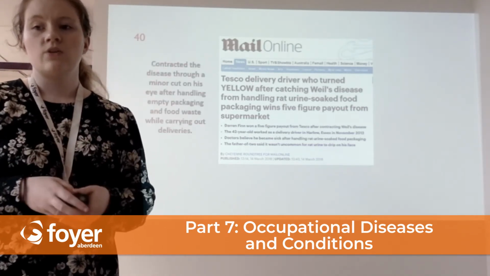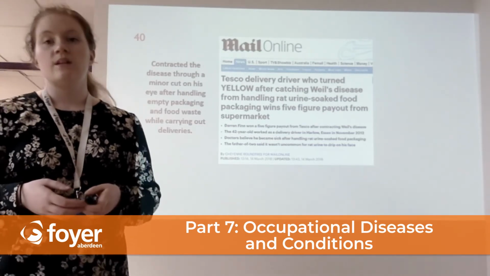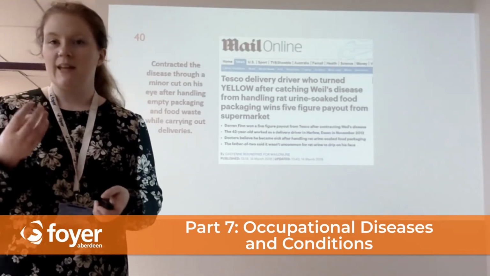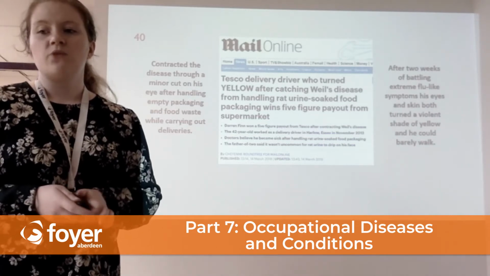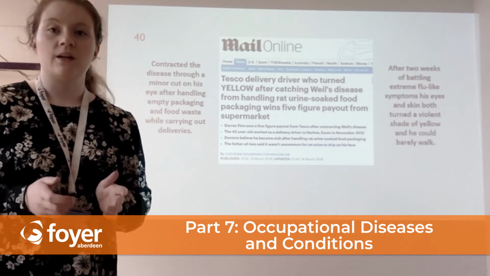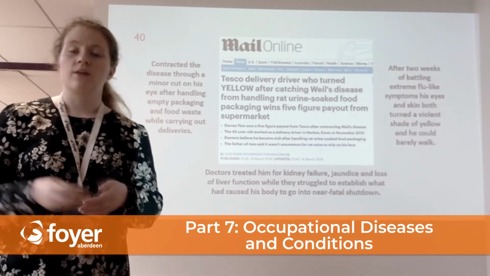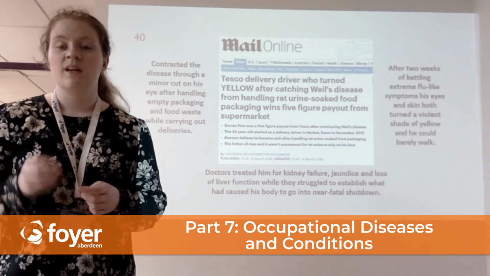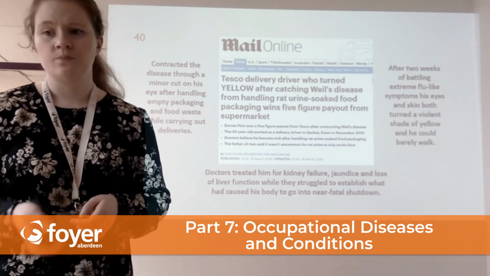He contracted it through a minor cut in his eye, so it's not something that you would have really considered, and when he started to become very poorly, they didn't know what was wrong with him because they didn't make the connection immediately to Weil's disease. After 2 weeks of battling extreme flu-like symptoms, his eyes and skin both turned a violent shade of yellow and he could barely walk. It is very important that you catch it as soon as possible, and if you are working in those sorts of areas where there's a possibility of Weil's disease and you start to get flu-like symptoms, you need to make sure you get treated as soon as possible.